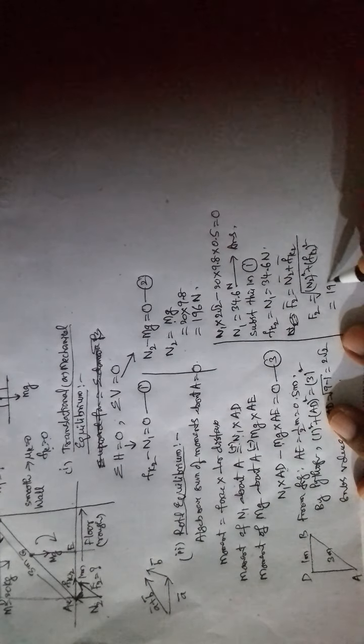Under root, N2 value 196 plus Fk2 value 34.6, under root, we get 199 newtons.